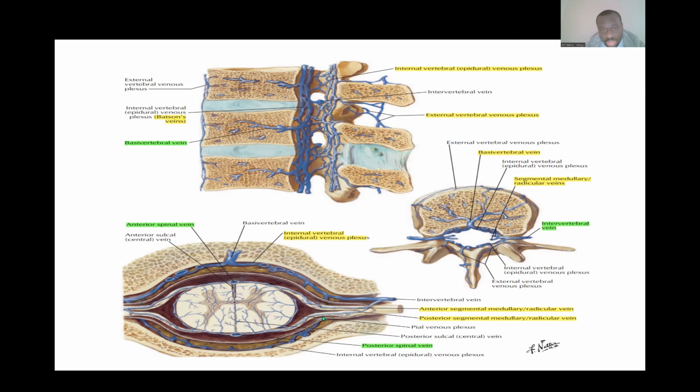They drain into the internal vertebral venous plexus, which is an epidural venous plexus. We also have the basivertebral vein draining the vertebral body into that plexus. And then through the intervertebral foramina, the intervertebral vein carries the blood to the external vertebral plexus.